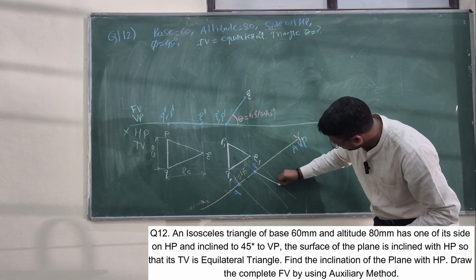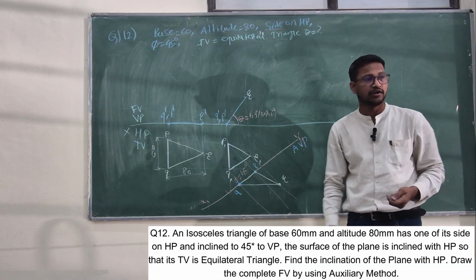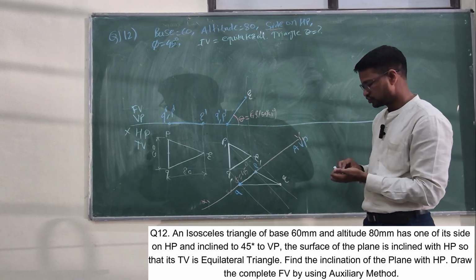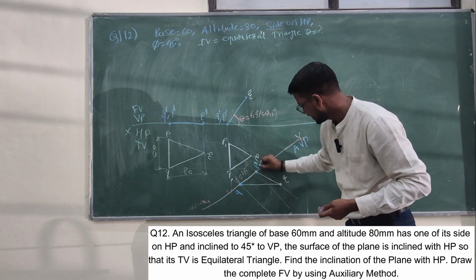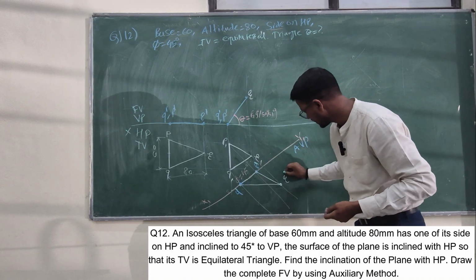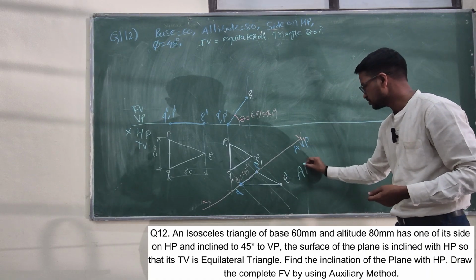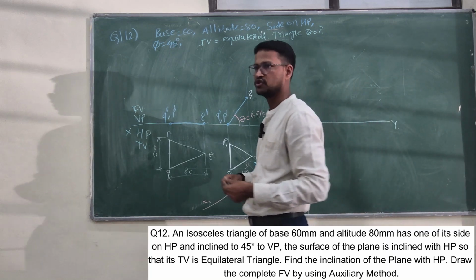When I join each and every point, I get this isosceles triangle, the third image. So this is the final solution of question number 12. P dash, Q dash and R dash, and this auxiliary vertical plane is also known as the auxiliary front view. So this is the complete solution of question number 12.